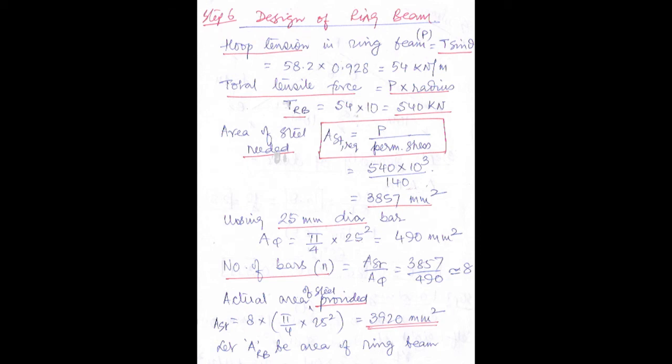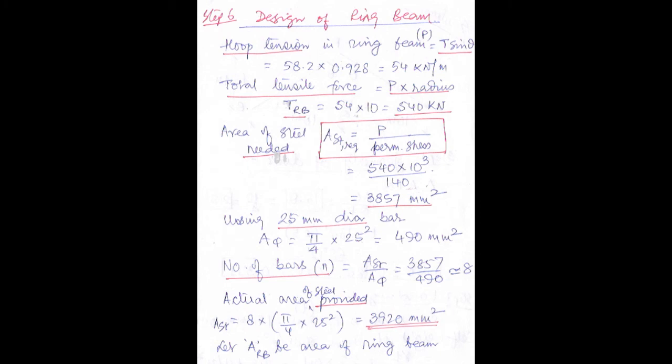Radius is what? This is a 20 meter diameter room, so the radius is 20 by 2, that is 10. So that gives us 540 kilonewton. Now the area of the steel required, how can we find it? AST required is equal to P divided by permissible stress.